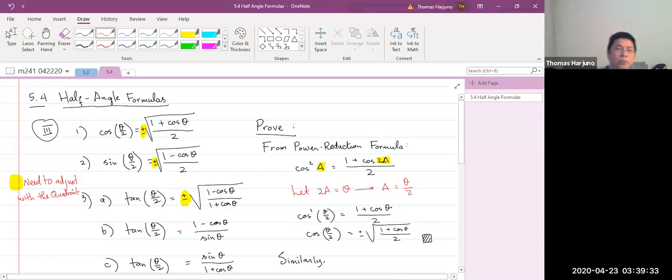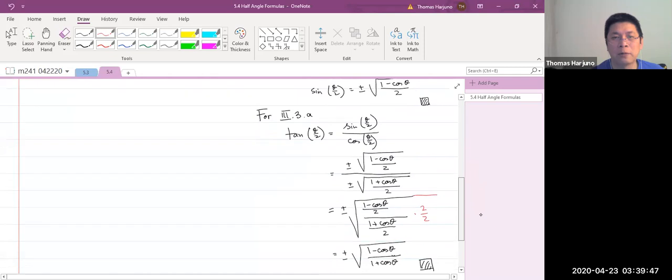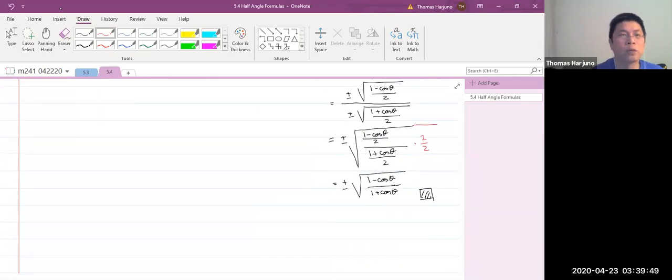I will leave the proof for 3B and 3C much later, but let's do some examples first on how to use all these formulas.